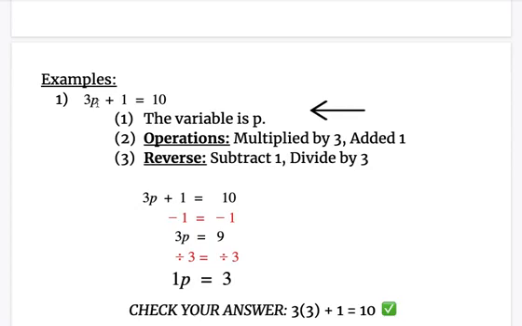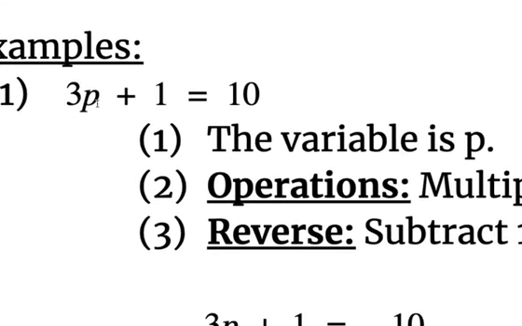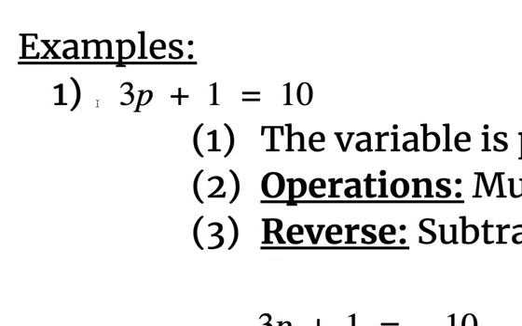Then we have to pretend like p is the foot that got up in the morning and put on its socks and shoes. So we have to retrace what's going on. What's the first thing that p is attached to? Most people would say plus 1, but it's actually literally attached to this 3.